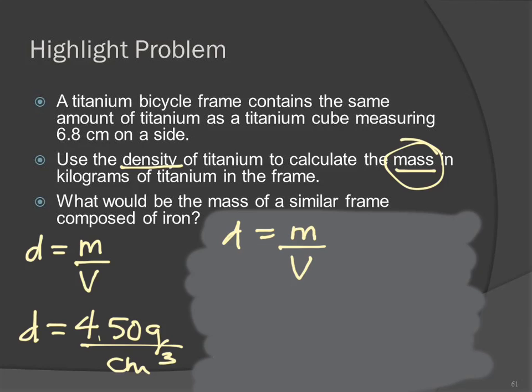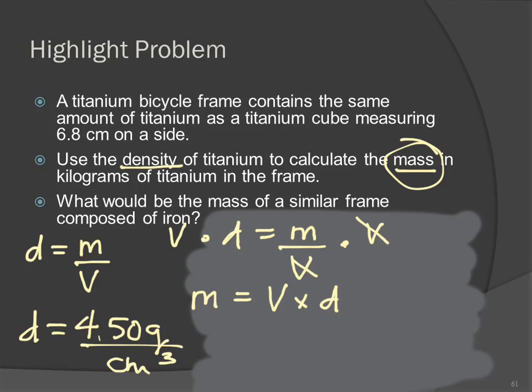If I want mass by itself, that means I need to get rid of the volume on the right side. And so if I multiply by volume and do that on both sides, these volumes cancel out. And that's how we rearrange equations. Now we have something that says the mass equals the volume times the density.